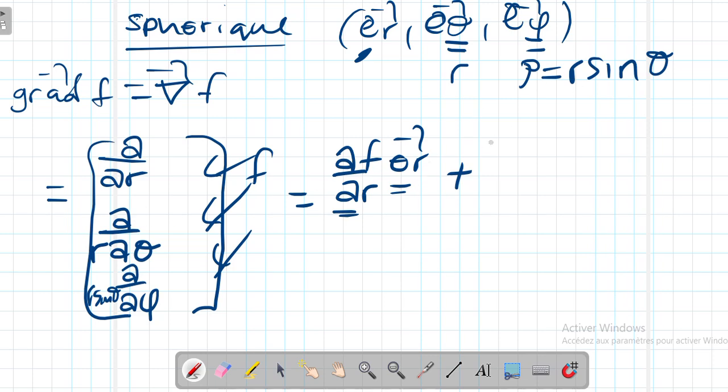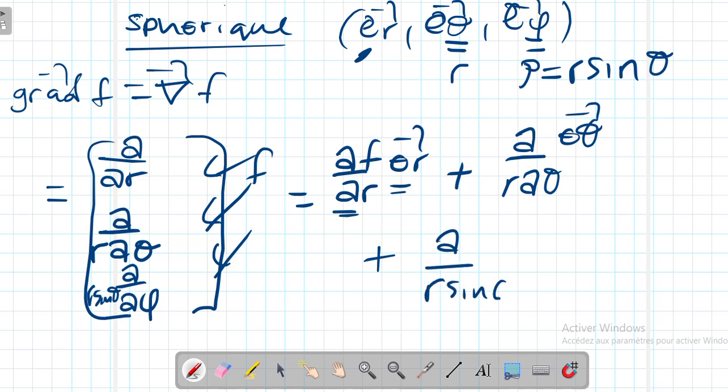The second component is 1 over r del over del theta of f in the direction of e_theta. The last component is 1 over r sine theta del over del phi of f in the direction of e_phi. This is how you find the gradient in each coordinate system. So that's all you need to know about the gradient.